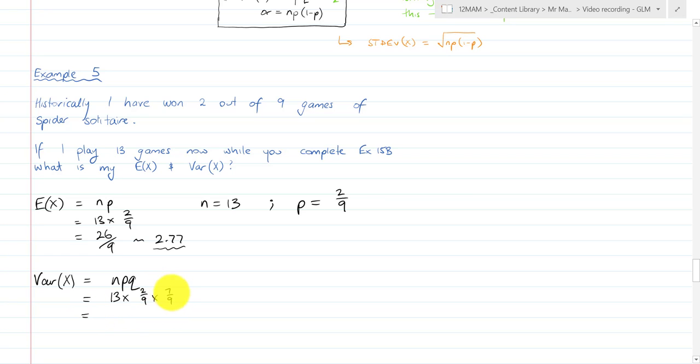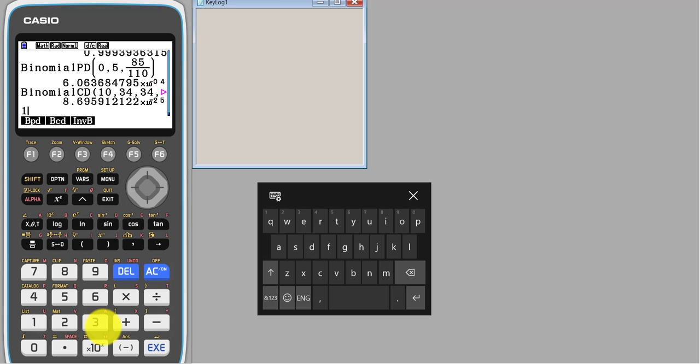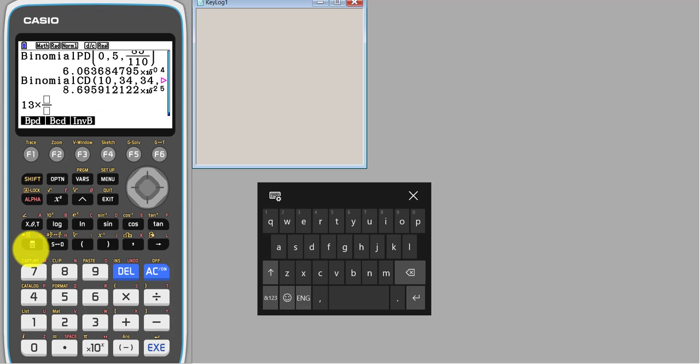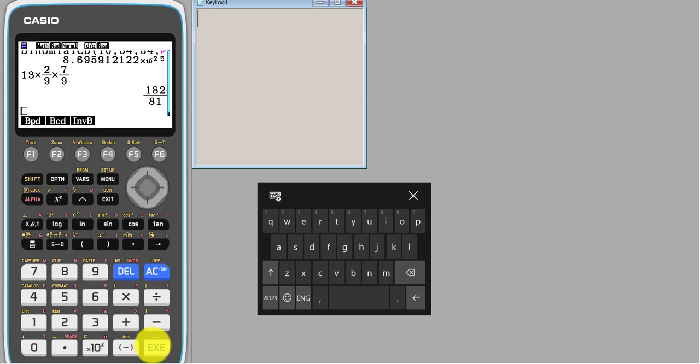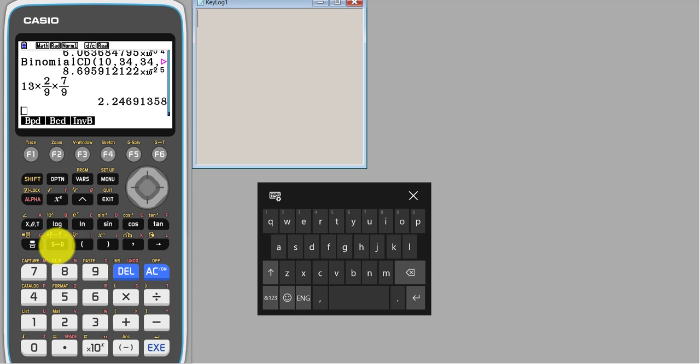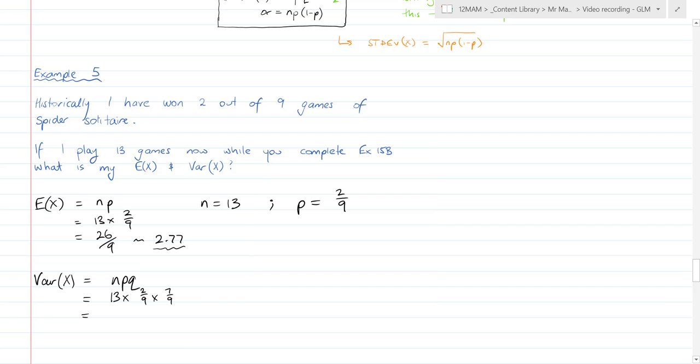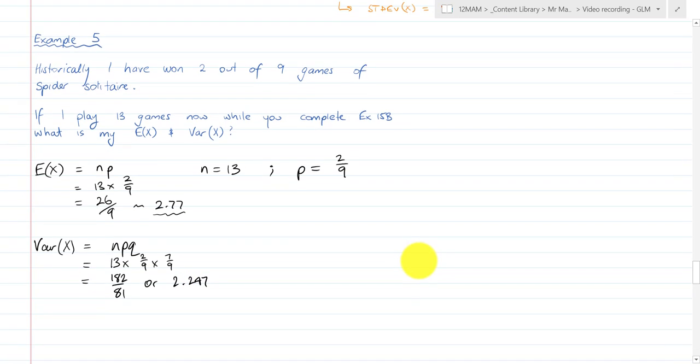I'll do this in the calculator, and that's equal to 182 over 81, or 2.247. And that's all you've got to do for these types of questions.